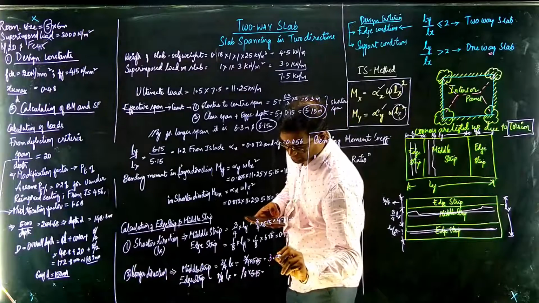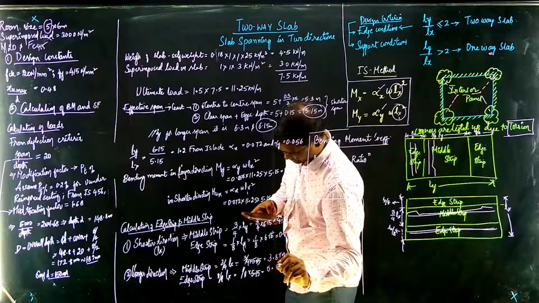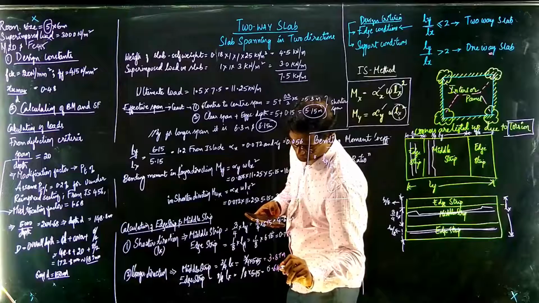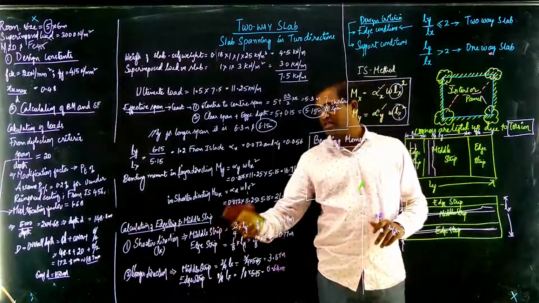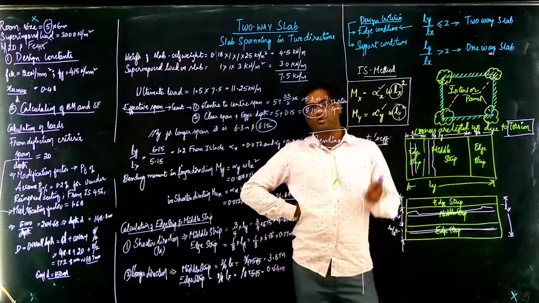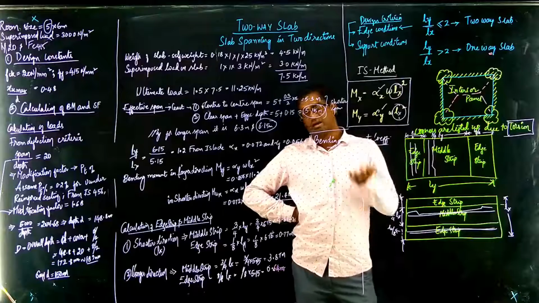This value is given by 3.87 meters, and this value is given by 0.64 meters. Now, I said that in short direction you have to take middle strip, taking the span of longer direction, and in longer direction.